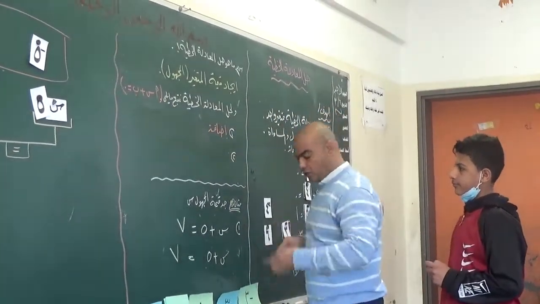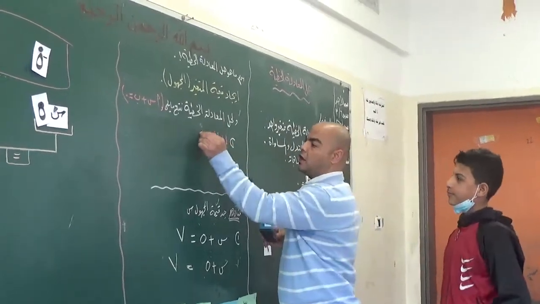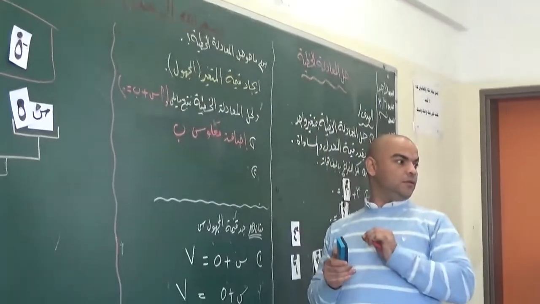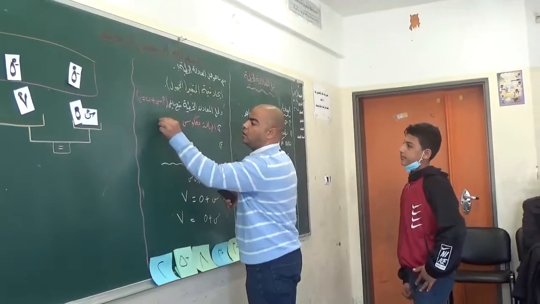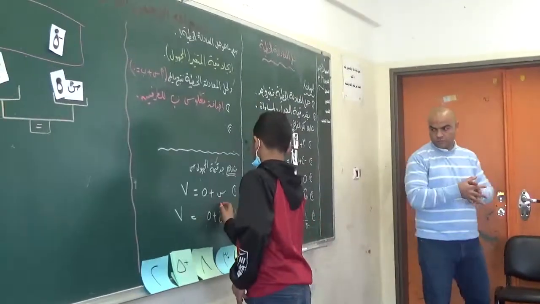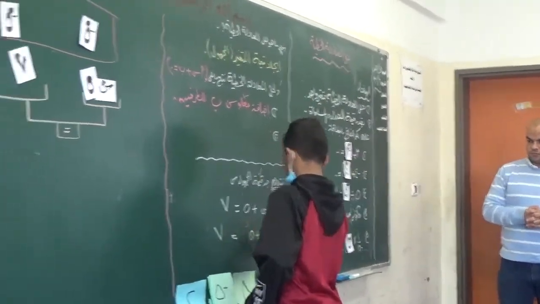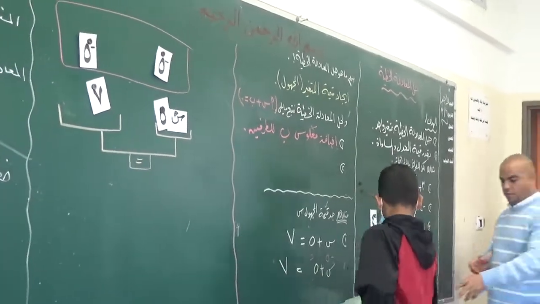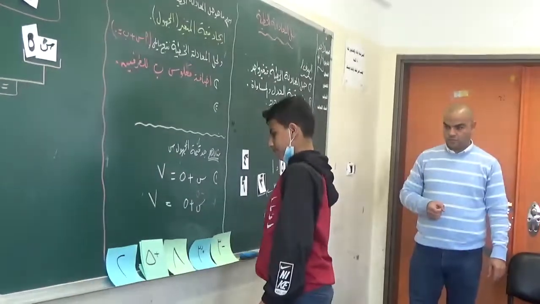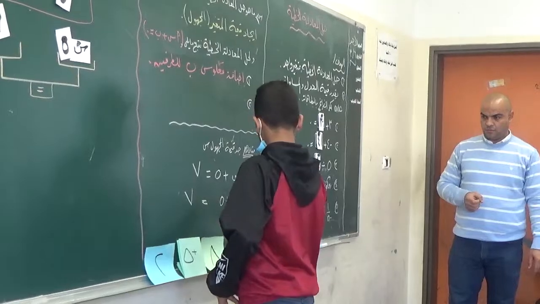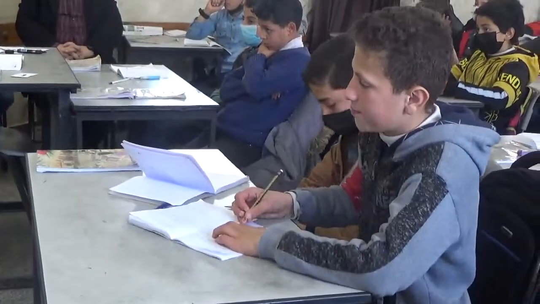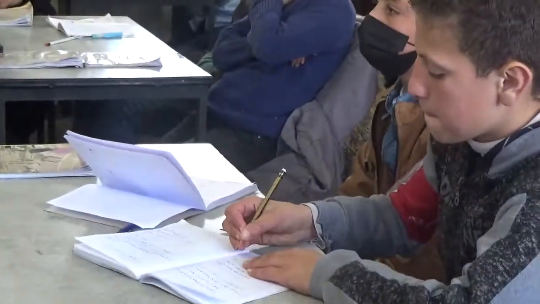Teacher: Adding the opposite, the teacher modifies the board by writing, adding the opposite to the two sides. Teacher asks the student what we added here. We have to add to the two sides.